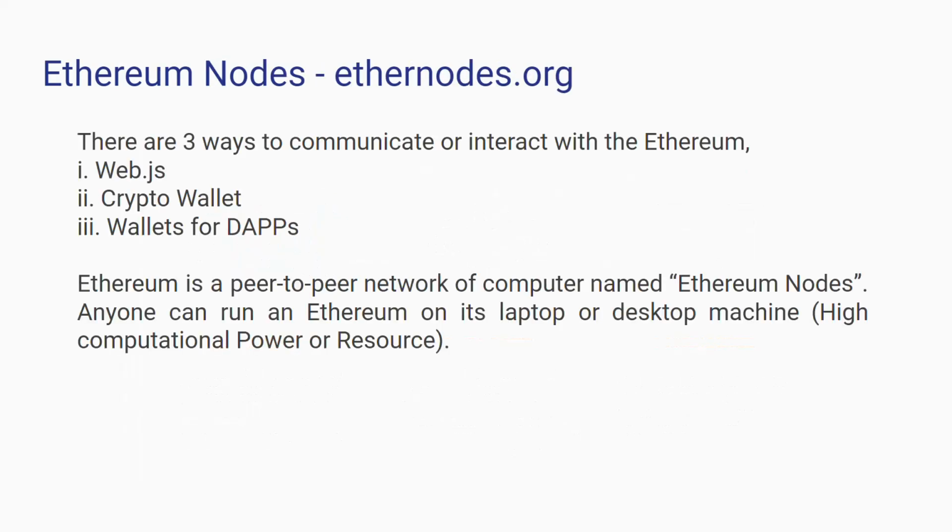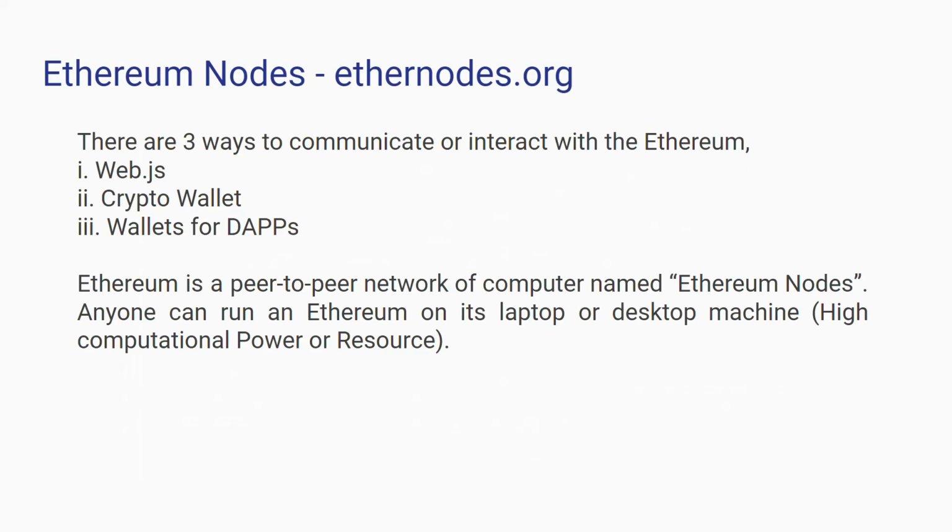Now, there are three ways to communicate or interact with the Ethereum blockchain. The first one is using web3.js, or you can also use a crypto wallet or wallet for dApps, right? Good. Now, by definition, Ethereum is a peer-to-peer network of computers named Ethereum nodes.